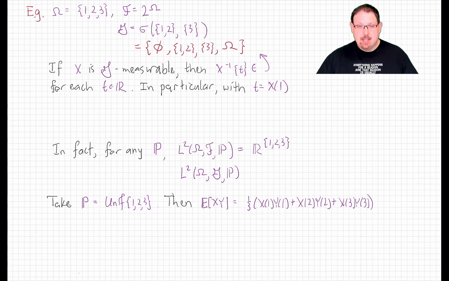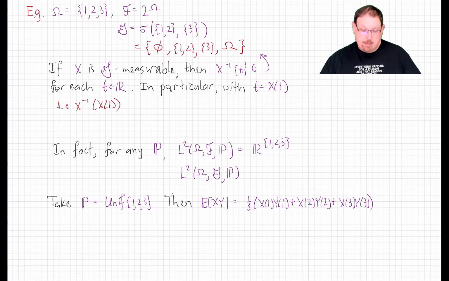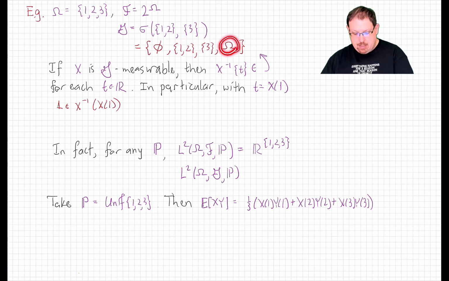So in particular, let's see what happens when that t is taken to be whatever value we give x at 1. Notice that the preimage of the set {x(1)} under x, of course, contains the number 1. That means that whatever set this is, it has to contain 1. There are only 2 events in this sigma field G that contain 1, this one and this one.